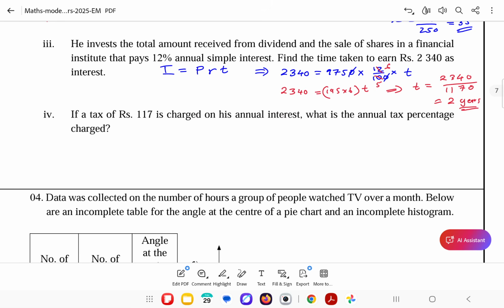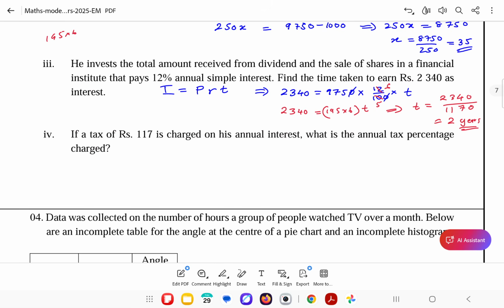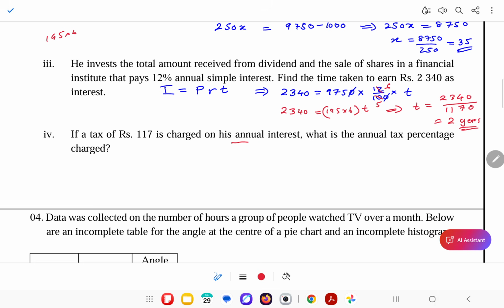Right. Then if a tax of rupees 117 is charged on his annual interest, what is the annual tax percentage charge? So he is charged 117 on his annual interest. So annual interest is what? 2 years 2340, no?